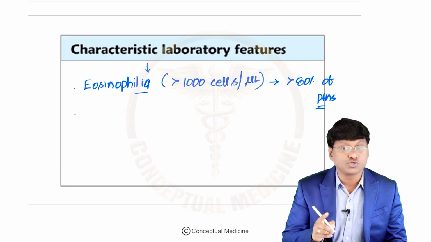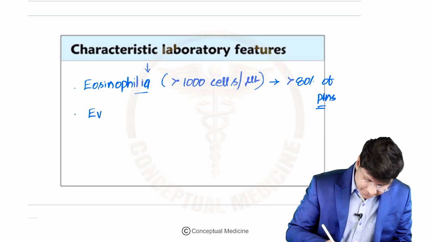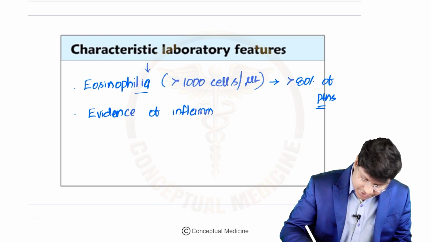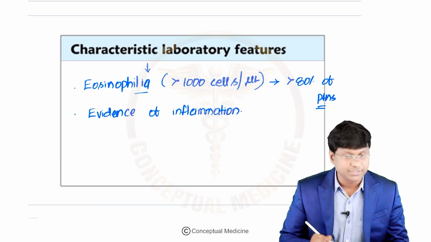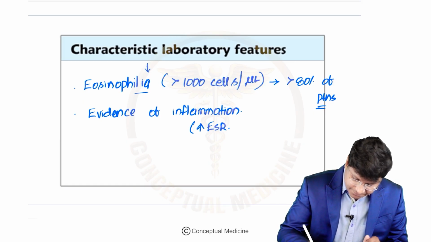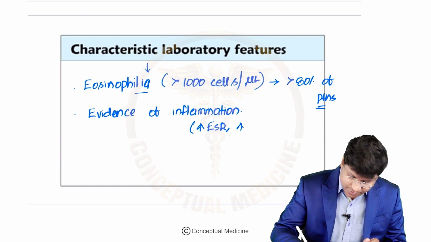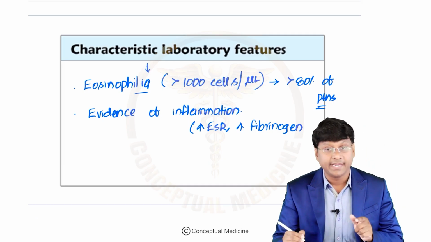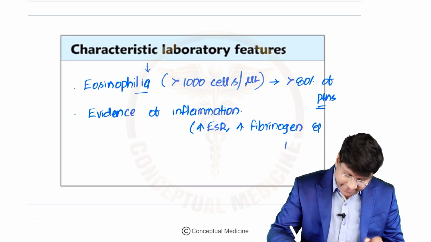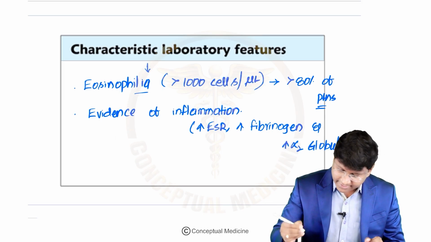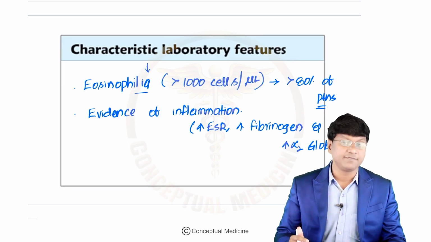And next, evidence of inflammation. If you see evidence of inflammation, there will be raised ESR, raised fibrinogen, and elevated alpha 2 globulin.